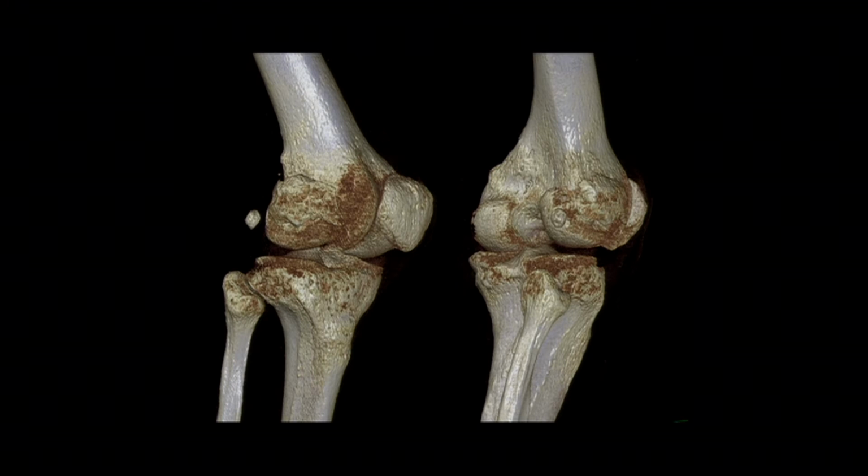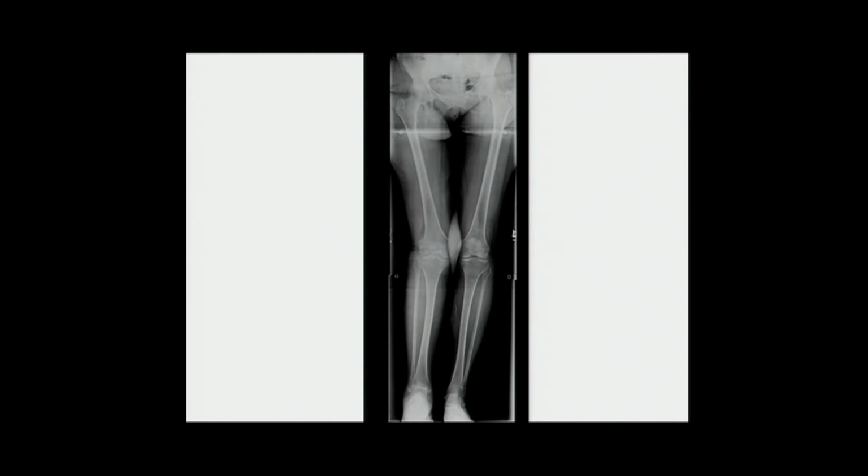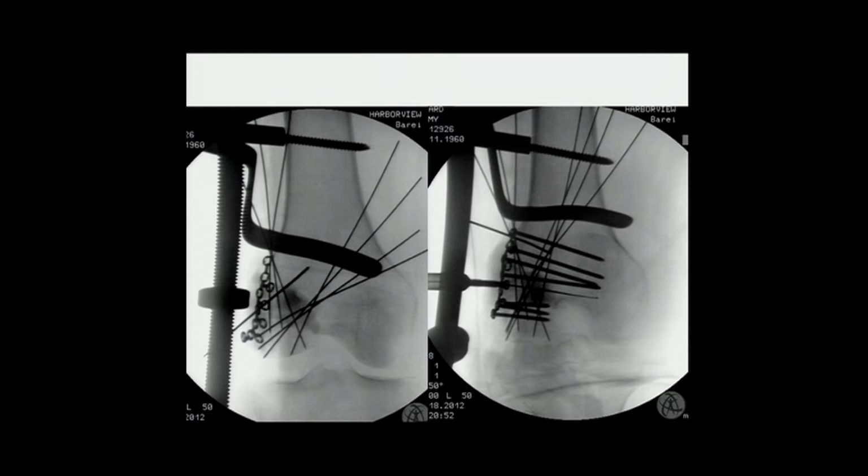This was her 3D CT reconstructions that you can see really separating off the posterior half of the medial femoral condyle, and her long leg standing films demonstrating the valgus deformity associated with this. This is what Dr. Barre did intraoperatively. You can see the large defect left behind once this was put back into the proper position.